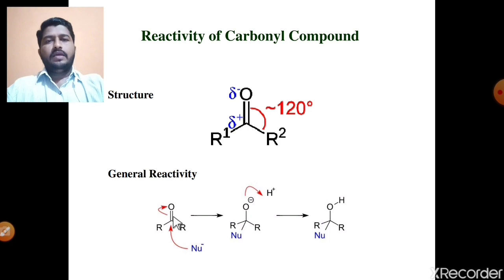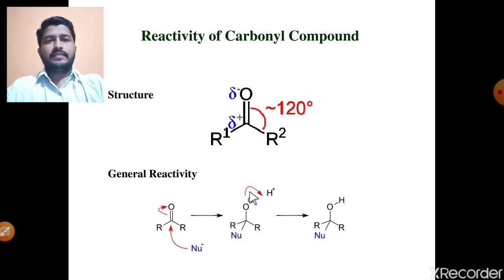At the same time, the pi bond between this carbon and oxygen breaks, and this pi electron is shifted towards the oxygen. This means oxygen gains a negative charge. Simply, there is a bond formation between this carbonyl carbon and the incoming nucleophile, and this oxygen gains a negative charge.